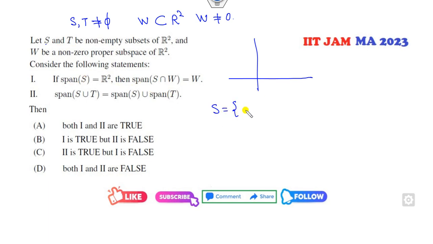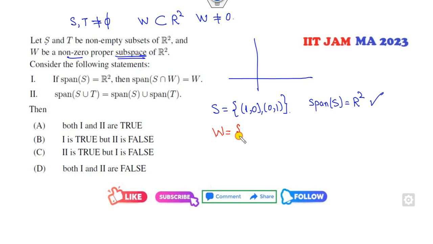I can choose S as the basis 1, 0. Now the span of this is my R2. Is it satisfied? Then what is W? It is a non-zero proper subspace. So what can I do about that?